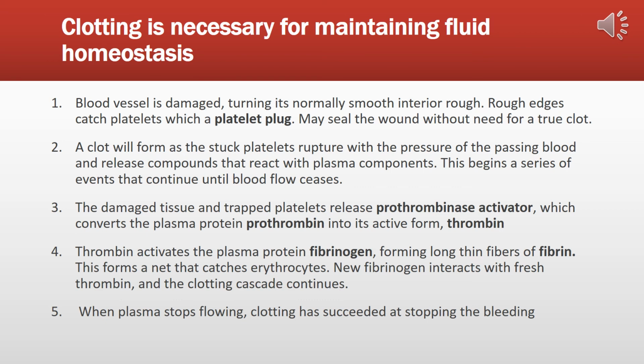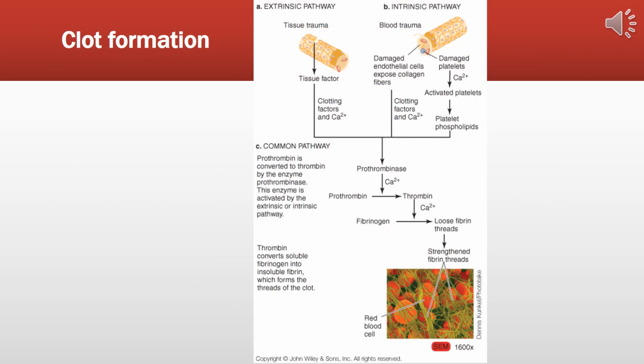And these fibers then form a net which catches the erythrocytes, or red blood cells, and new fibrinogen interacts with fresh thrombin, and this causes the clotting cascade to continue such that we're still forming a clot. And then when the plasma stops flowing, the clotting has succeeded at stopping the bleeding.